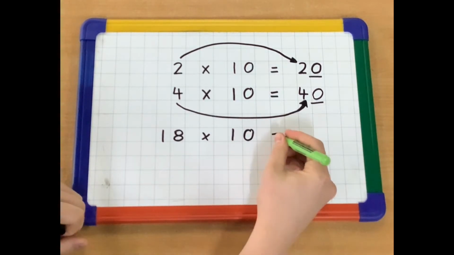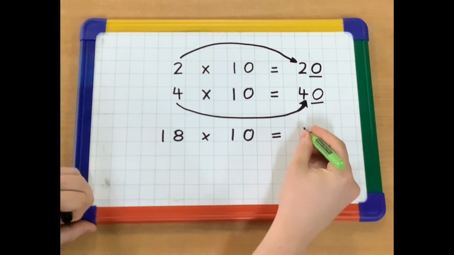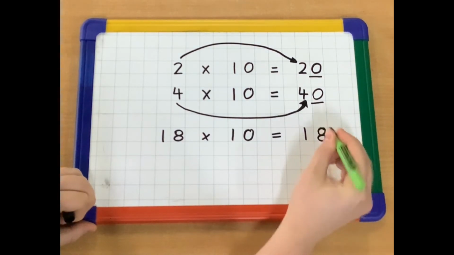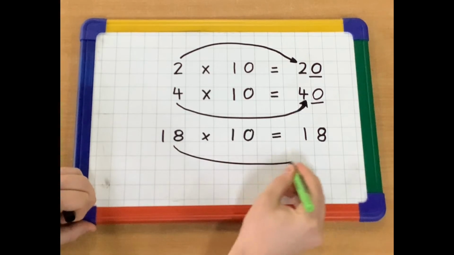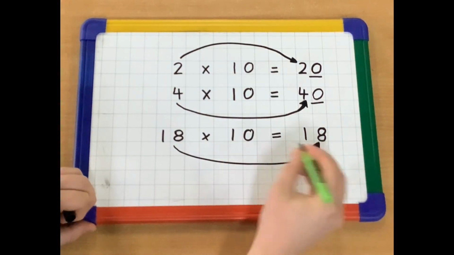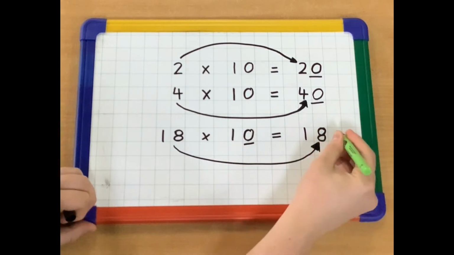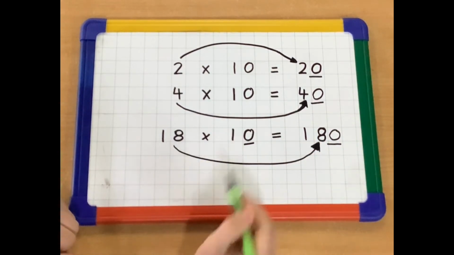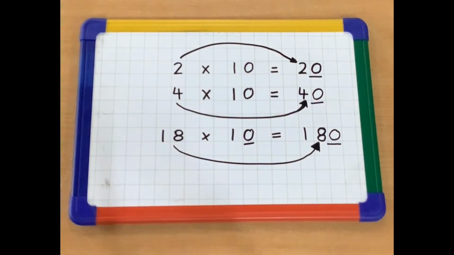But all I know that I need to do is to go 1, 8, that's that number there. And then just need to do this, add 0. So I know that 18 times 10 equals 180.